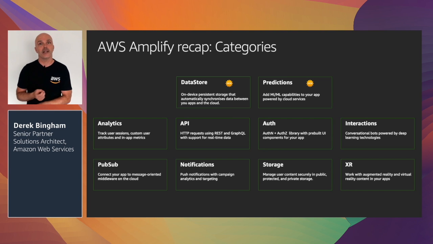Not only does it store the data locally, but we can also connect it up to the backing AppSync service, which allows us to share that data with other clients running that application. As well as that, we've got the predictions category. Quickly, the predictions category allows us to add AI and ML to our application really easily by adding that category.